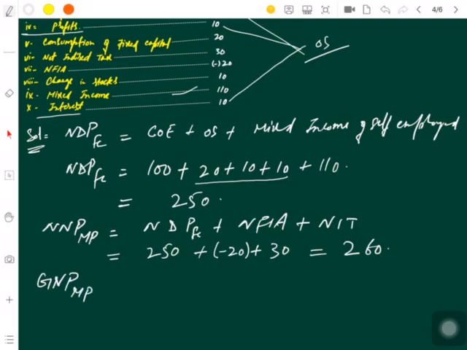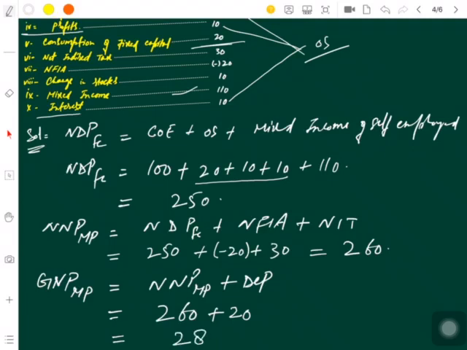Fine. Now let us calculate what is being asked. GNP at MP, which is equal to NNP at MP plus depreciation, because it is on gross, which will come equal to NNP at MP is 260 plus depreciation, that is consumption of fixed capital, it is given here as 20, which comes equal to 280. This is your answer.